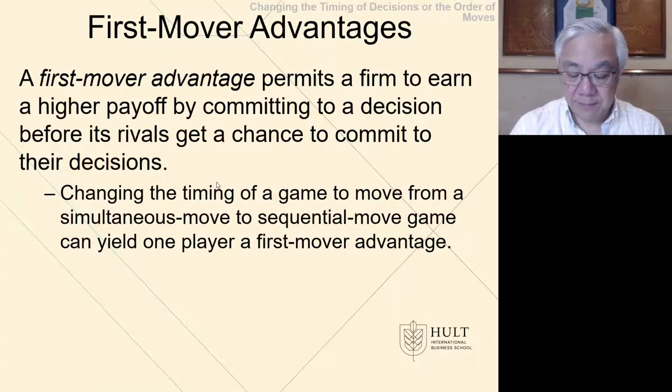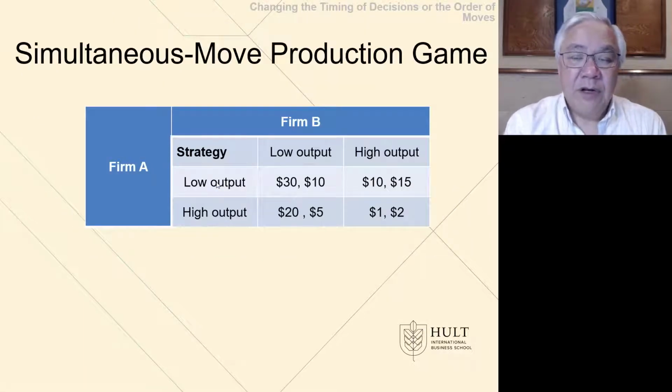If we look at the comparison of simultaneous versus first mover, we have firms A and B. We have these possibilities in the game. And if you look at it, there is a dominant strategy where firm A should do a low output because firm A could be at 30 if firm B chose low. It could be at 10 if firm B chose high. So it is a dominant position.